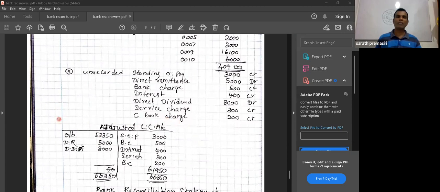Or you can write it as error committed by the business in recording, 2,000. Please write it down as well. Or you can write it as error committed by the bankers when recording a transaction.